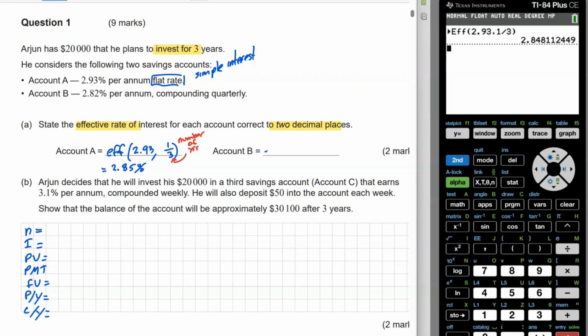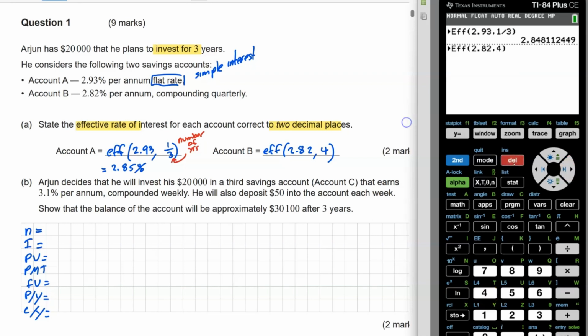Account B is just going to be the EFF command. It's going to be 2.82, and there are 4 compounding periods in each year. So it's going to be comma 4. I'm just going to bring this one down because I don't want to write over the top. So 2.82, keep the comma, we're going to go 4.